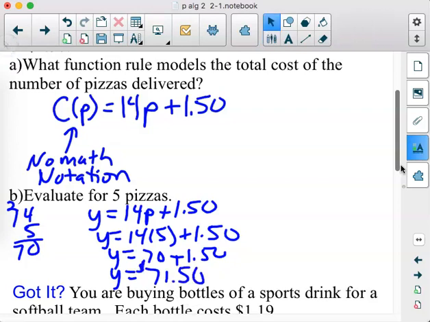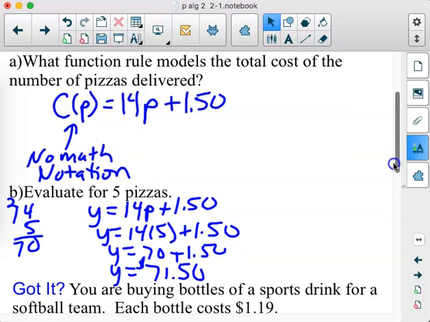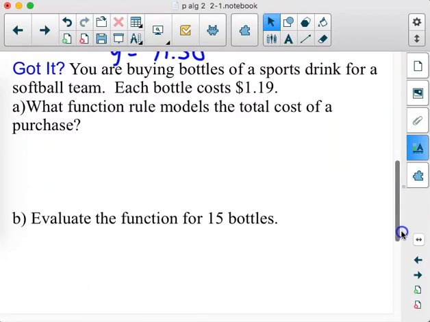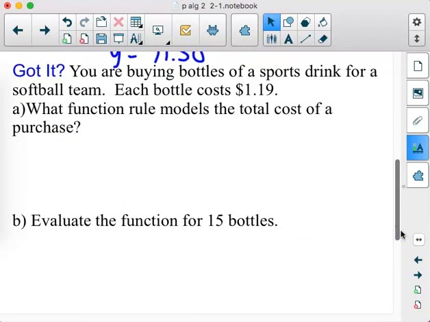And it depends on what kind of pizza you're getting, whether or not that it's expensive to you or not, you know. If it's your favorite pizza, maybe you don't mind that 5 pizzas cost $71.50. If you're buying for just a bunch of hungry people that don't care what it tastes like, then maybe you want to go someplace a little bit cheaper.